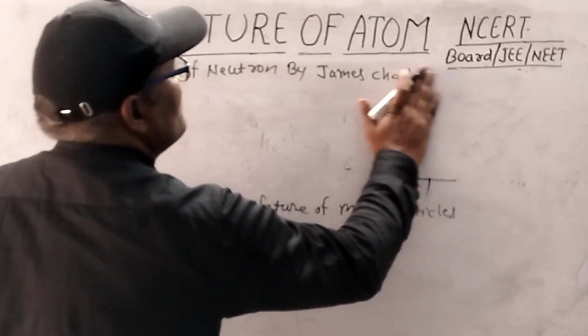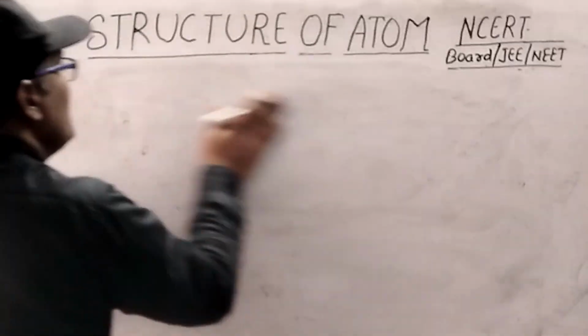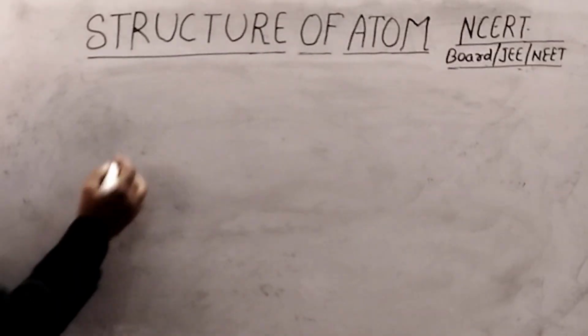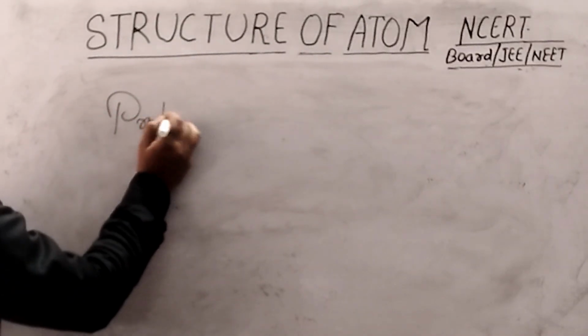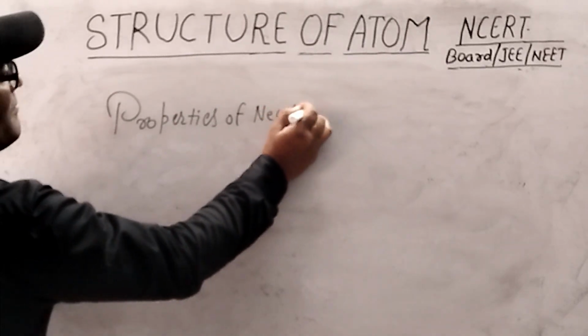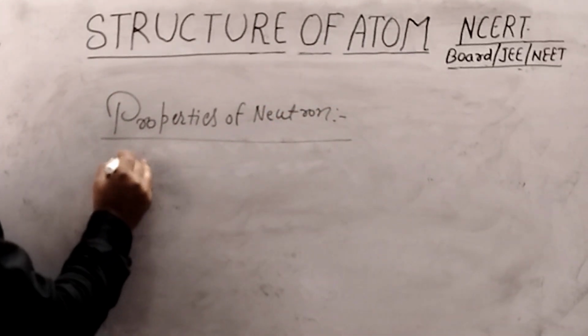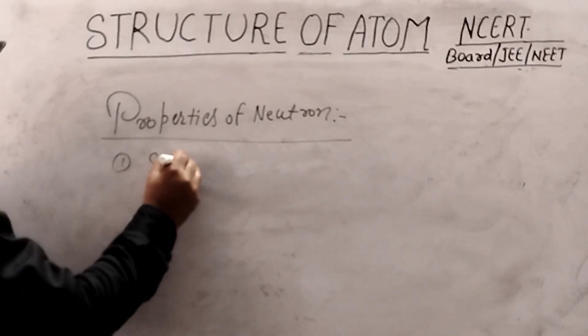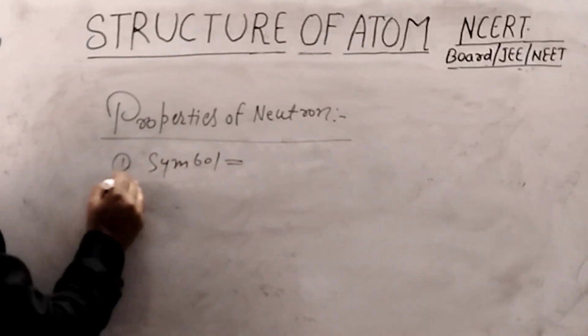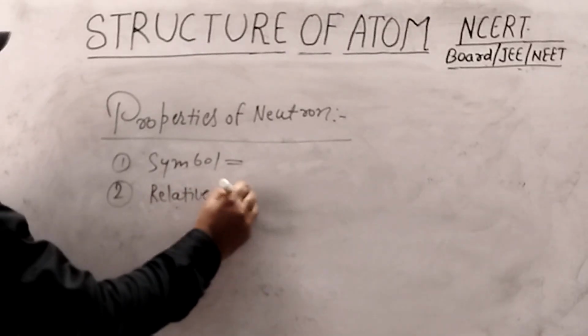Now we will discuss the properties of neutron. First property, symbol. Second property, relative mass.